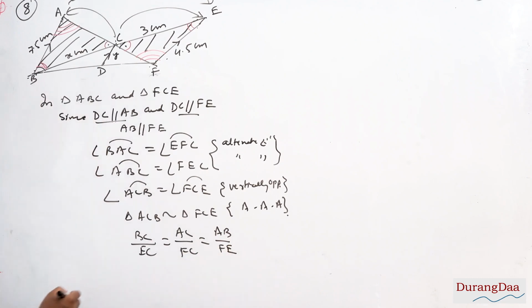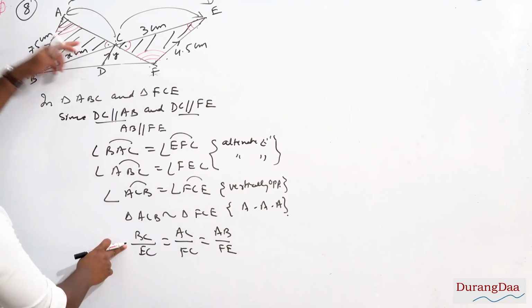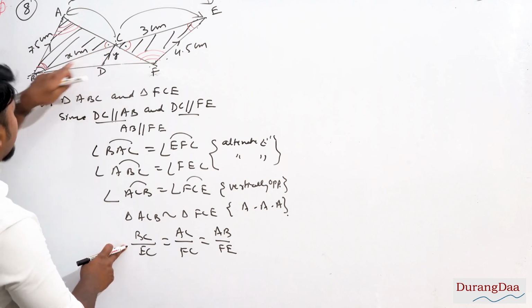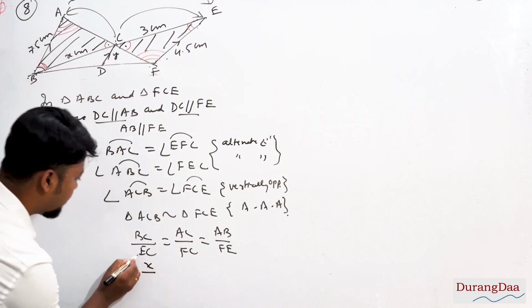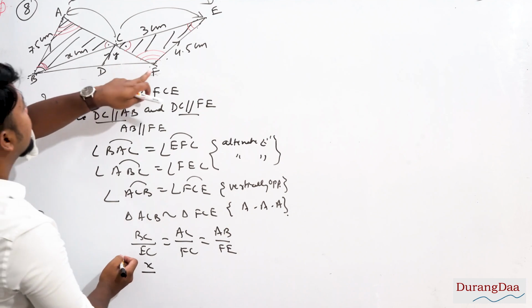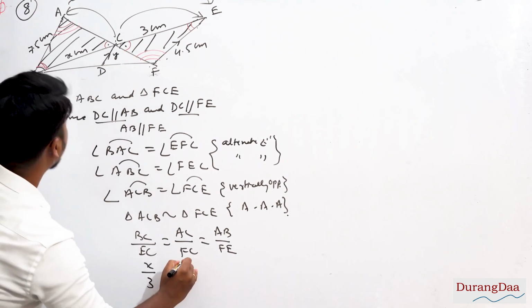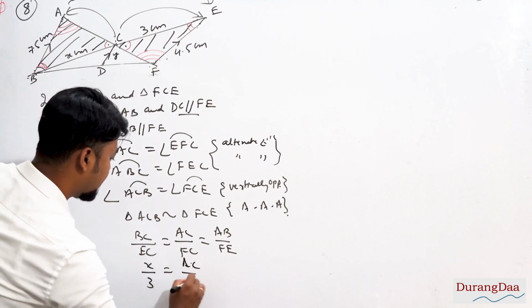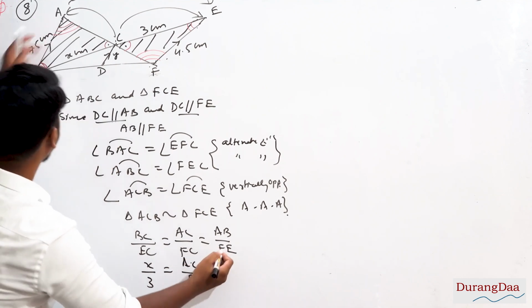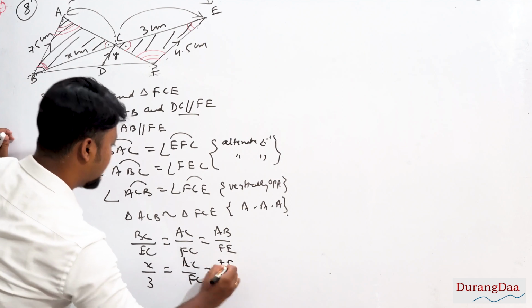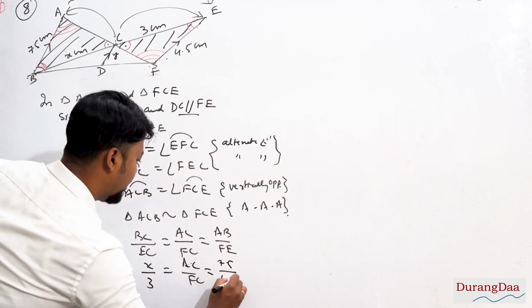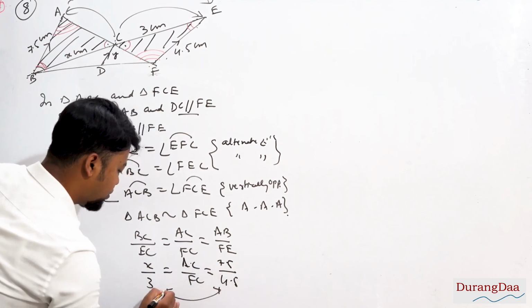Now put the values. Value of BC is X, and value of EC is 3. AC and FE we are not knowing, AC by FC, let it be like that. AB again we have 7.5 and FE is 4.5. That means we are using these two terms to solve.